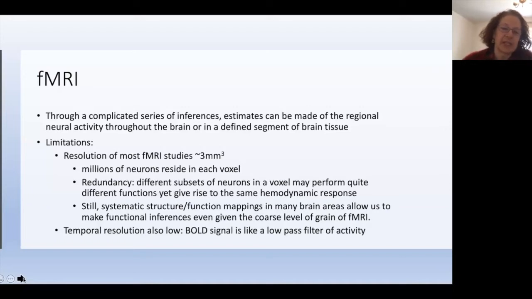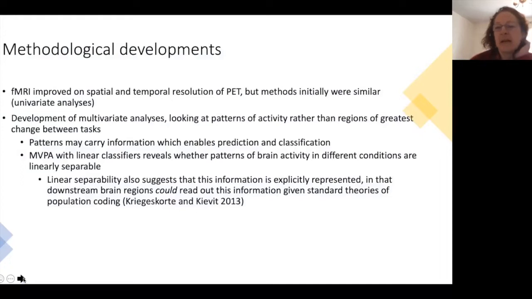And there are also limitations in temporal resolution, because the BOLD signal is a signal that reflects blood flow, and blood flow is kind of a low-pass filter of neural activity. So it's delayed in time, it's spread out in time, and so you lose a lot of temporal information in this as well. Okay. So as I said, there's been quite a bit of improvement in terms of fMRI methods.